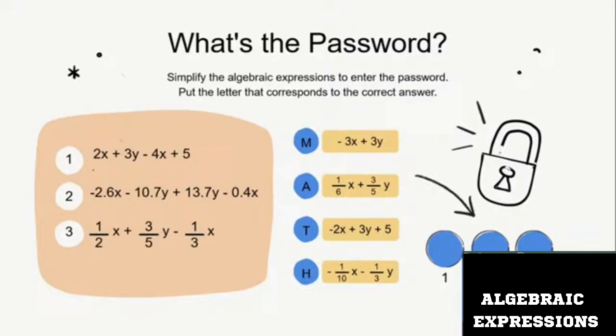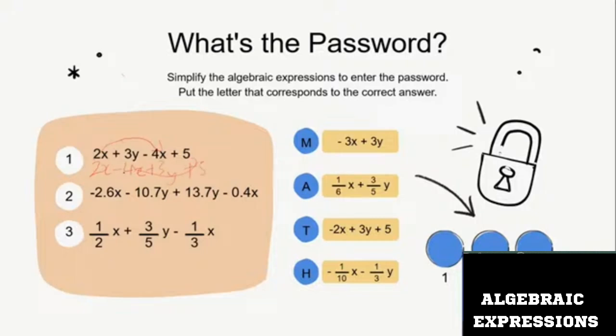The like terms in this one are 2x and minus 4x. The other ones are unlike, we're going to just write them as they are. So 2x minus 4x, it will be rewritten as 2x minus 4x plus 3y plus 5.